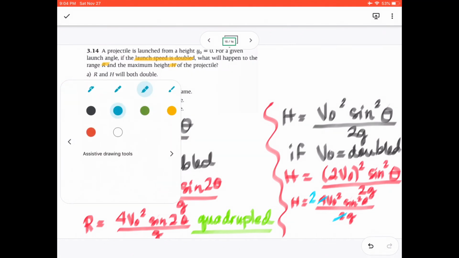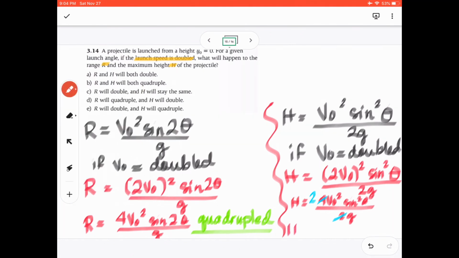So finally we can rewrite H as 2V0 squared sine squared theta over g. In this case, the 2g has doubled, but should we cancel that? No, actually we don't need to cancel that, because that is the exact formula already.